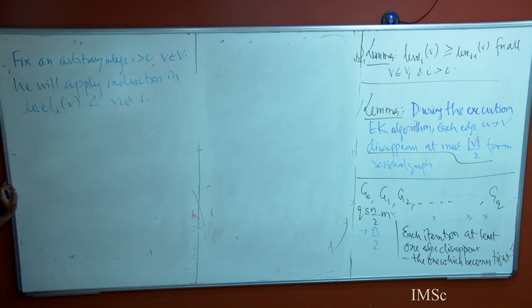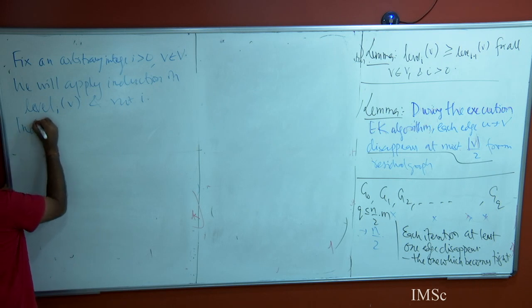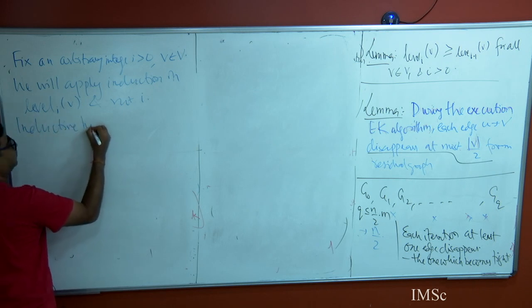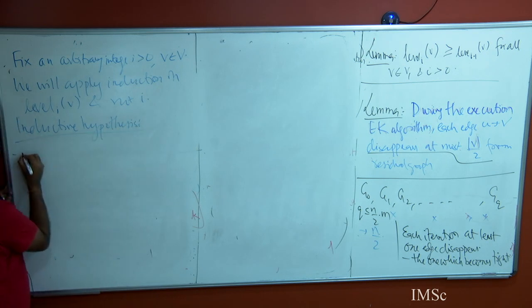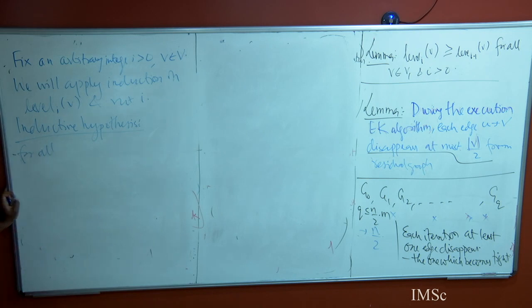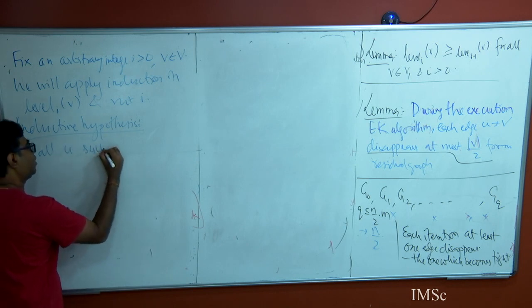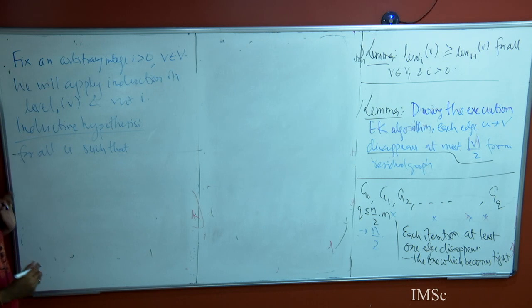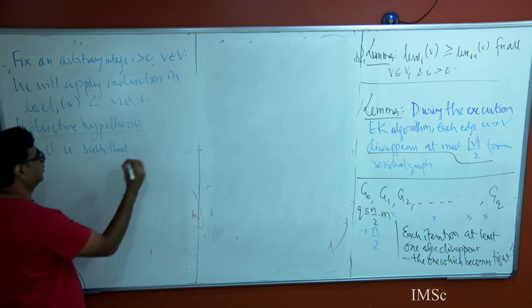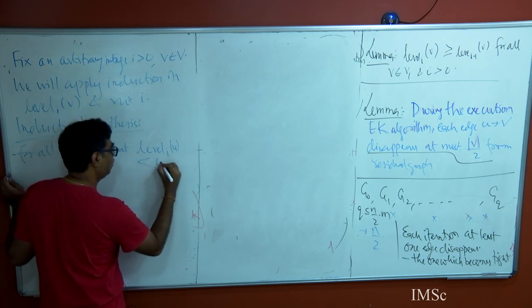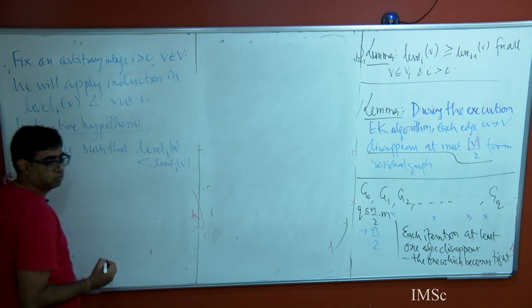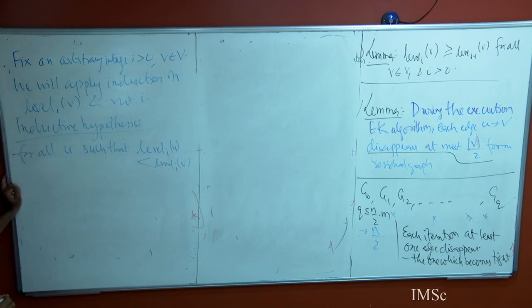So what is our inductive claim? The inductive hypothesis is: for all u such that level_i of u is less than or equal to level_i of v. What do I know?